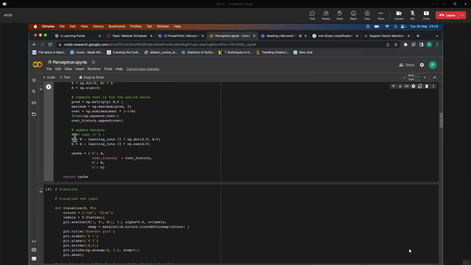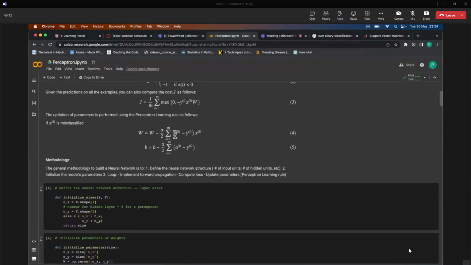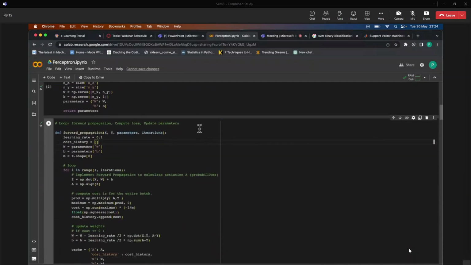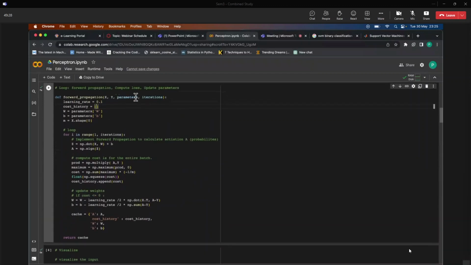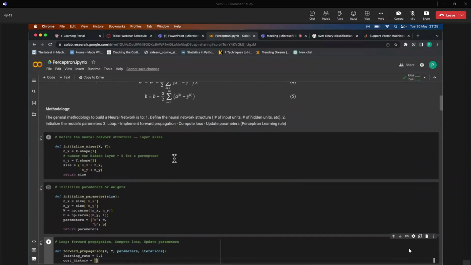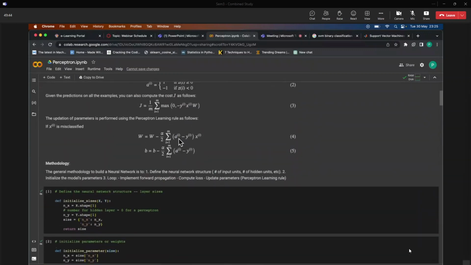Now the update. This formula is represented here; I think you can understand it. Learning rate is alpha. So W minus learning rate by 2 into the dot product of X transpose and A minus Y. W is the initial weight which we had in the parameters before starting.